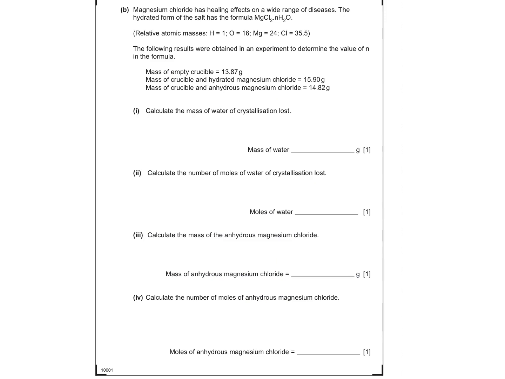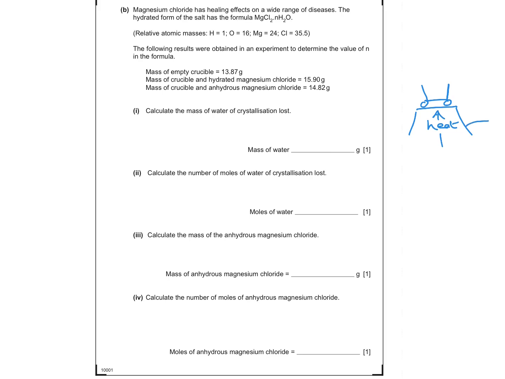And for part B, we're working out the degree of hydration, or the moles of water of crystallization. And the container used is a crucible. So just to remind you of what the apparatus would look like, we'll have our Bunsen burner sitting underneath the tripod.